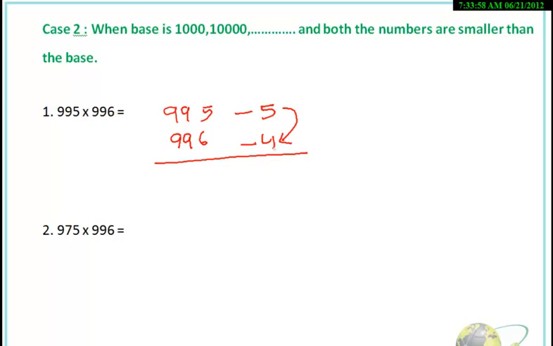So we were filling 2 digits only with the multiplication. But in this case, since there are 3 zeros in 1000, with this multiplication we have to fill up 3 digits. Now 4 fives are 20, but we have to fill up 3 digits, so we'll write 020 and the remaining calculation will be same, 995 minus 4 or 996 minus 5. In both the cases we'll be getting 991. So the calculation is very simple, 995 into 996. The calculation seems to be bigger, but we are getting the answer in just one step and very fast also.